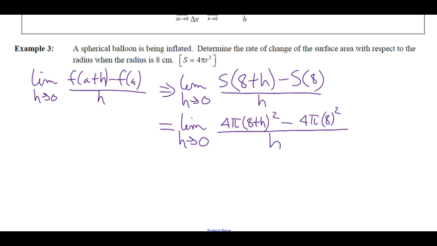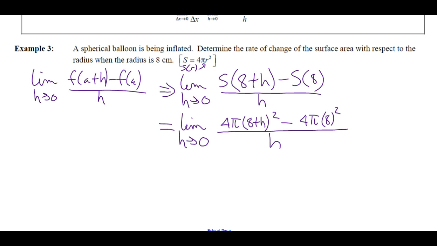Why is it 4 pi? It's 4 pi r squared. So the 8 plus h is going to be the r. Think of it as S of r, surface area as a function of radius. The surface area is a function of the radius: as the radius changes, it's 4 pi r squared. So we're going S of 8 plus h.